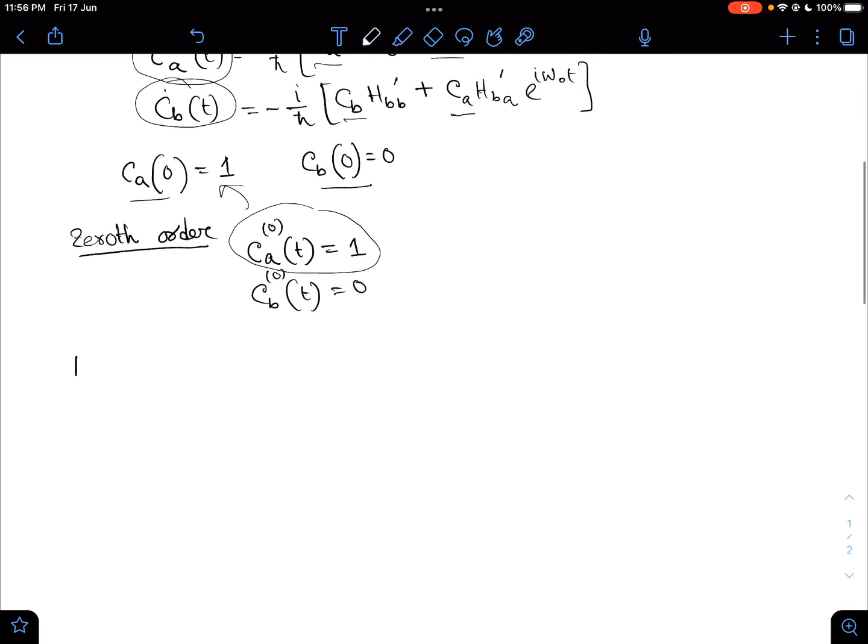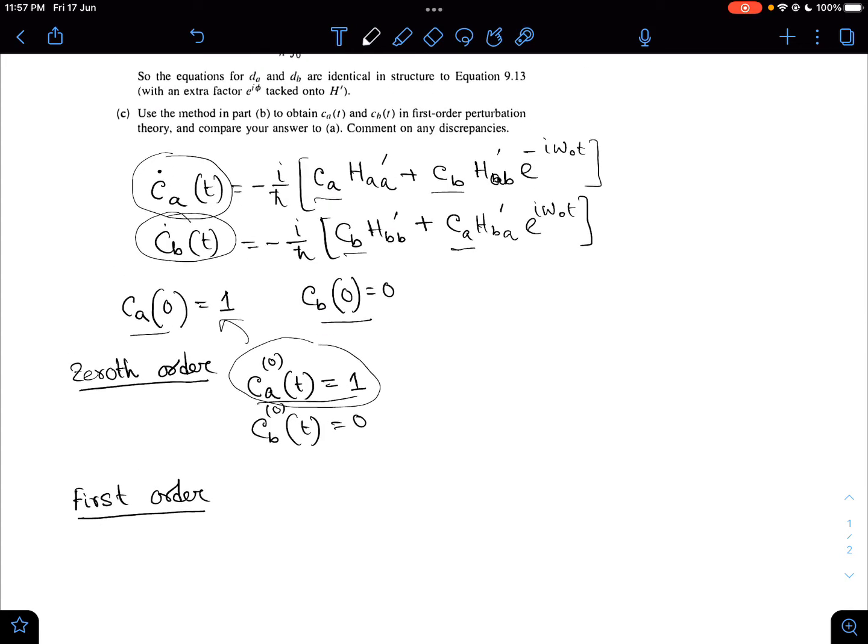Now proceed to first order. We will insert these values here.